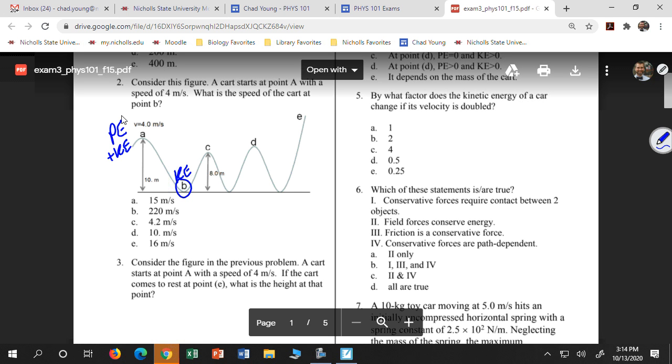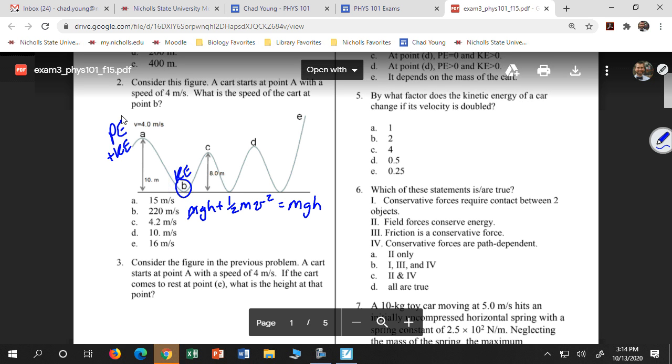Question number 2 is, what is the speed or what is the height at this other position? In this case, it's asking what is the speed at point B. So I would say mgh plus 1/2 mv squared, that's at point A, is equal to 1/2 mv squared at point B. If you want to do subscripts, you can, but I'm just going to put in some numbers here.